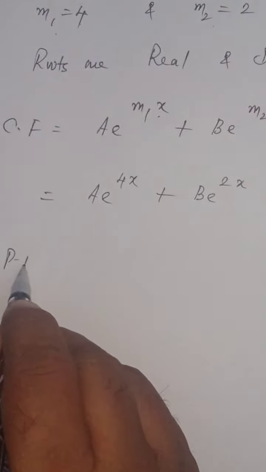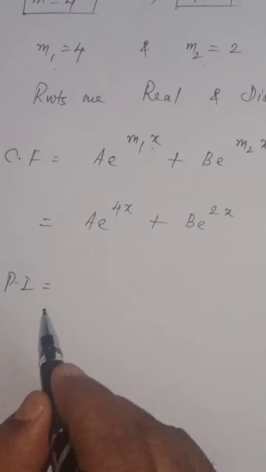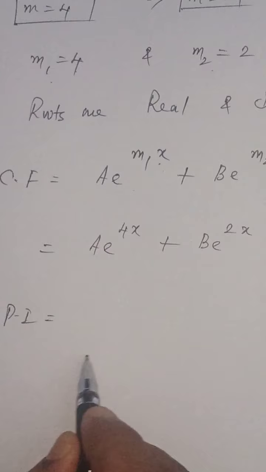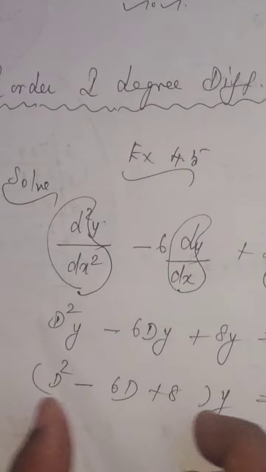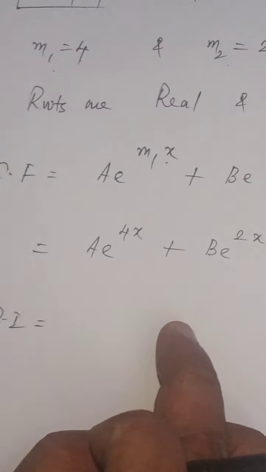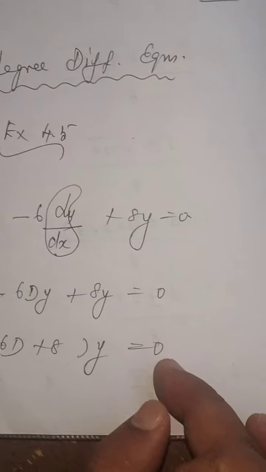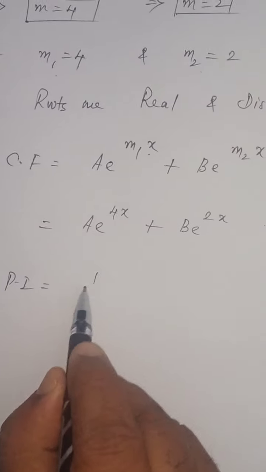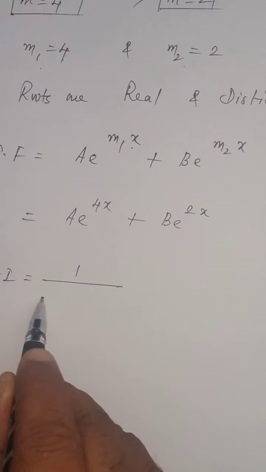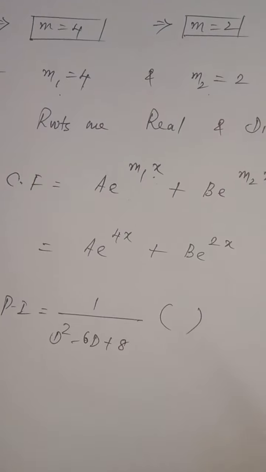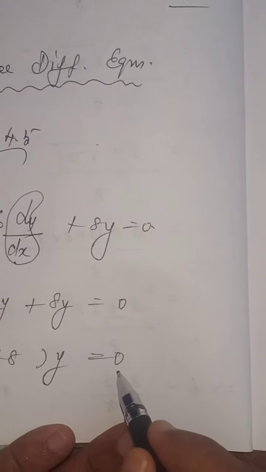Then you have to find out the particular integral. Particular integral, I already told you, 1 divided by phi of D. That means this expression is phi of D, into the expression which is in the right hand side. What is in the right hand side? 0. Correct? So I write over here 1 divided by D squared minus 6D plus 8 into what is here? 0.